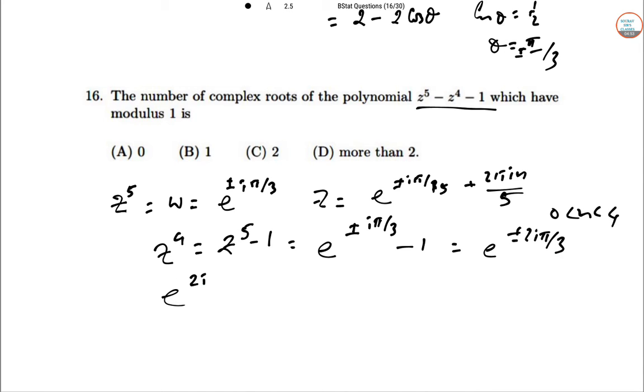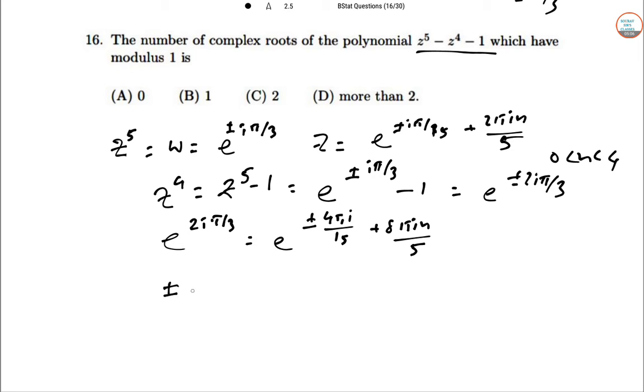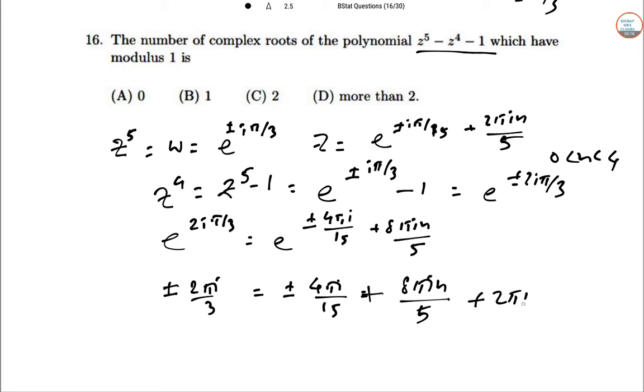So e to the power 2 i pi by 3 equals e to the power plus or minus 4 i pi by 15 plus 2 pi i n by 5, and so plus or minus 2 pi i by 3 equals plus or minus 4 pi i by 15 plus 8 pi i n by 5 plus 2 pi k i.